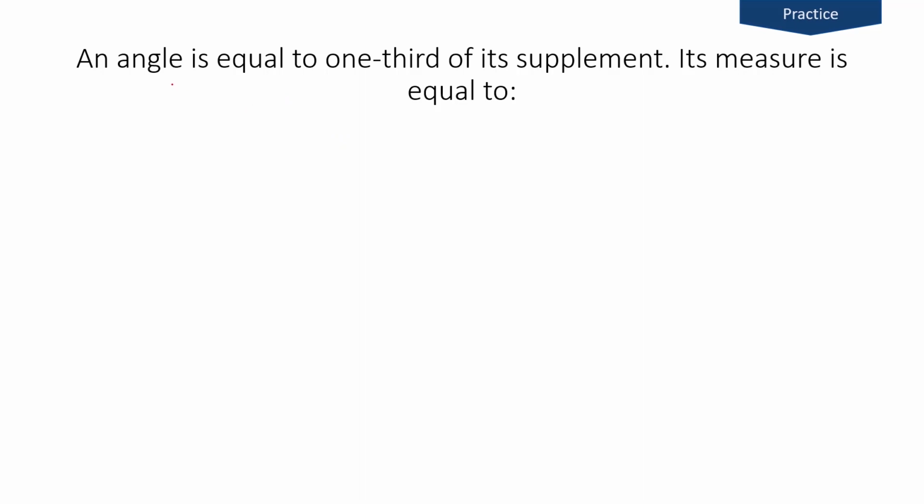The first example is saying that there is an angle which is equal to 1/3 of its supplement. What is the measure of this angle? So suppose the angle is x and its supplement is therefore 3x. The angle is equal to 1/3 of its supplement.